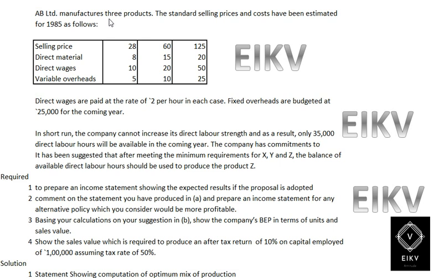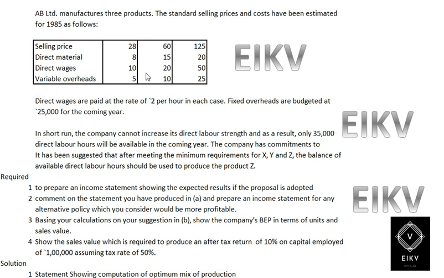So in this illustration, AB Limited manufactures three products. The standard selling price and cost have been estimated for 1985 as follows. Selling price 28, 60, 125. Direct material as given 8, 15, 20.